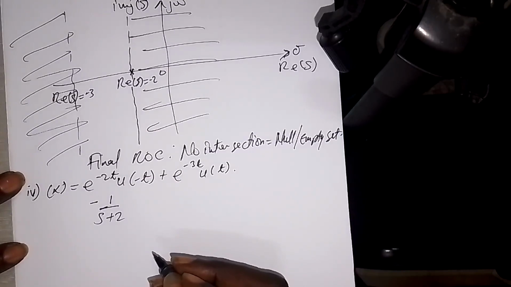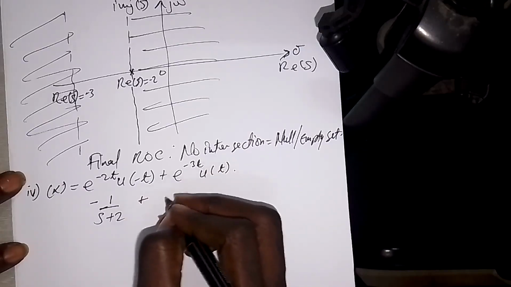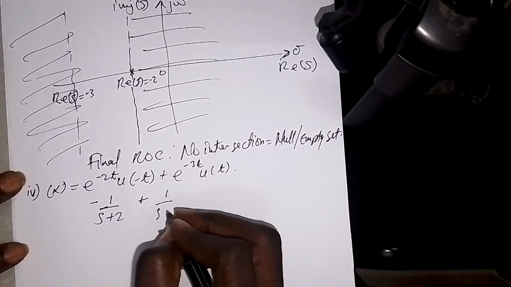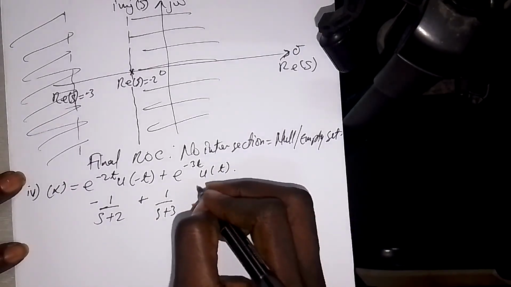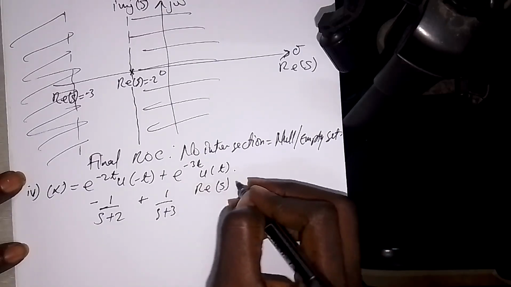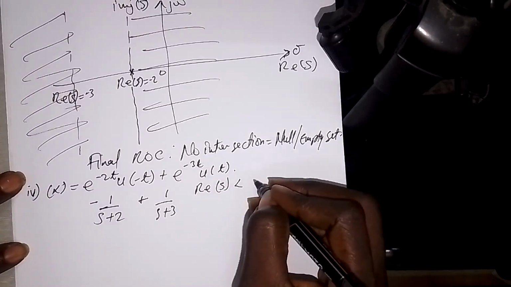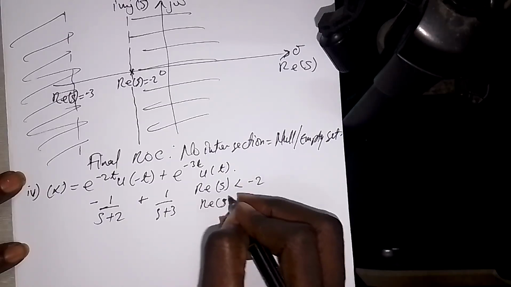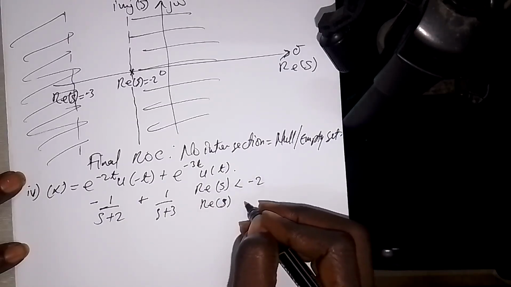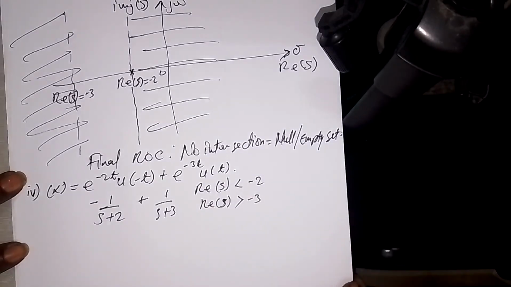And then this one is going to be plus 1 over s plus 3, and we're going to have RE of s less than minus 2, and RE of s greater than minus 3. So this is what you're going to have.